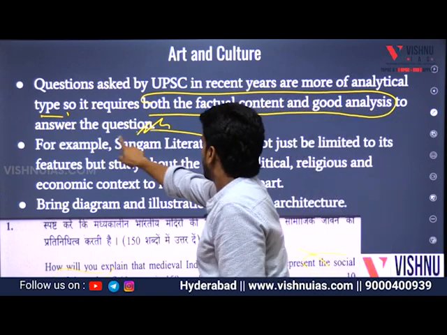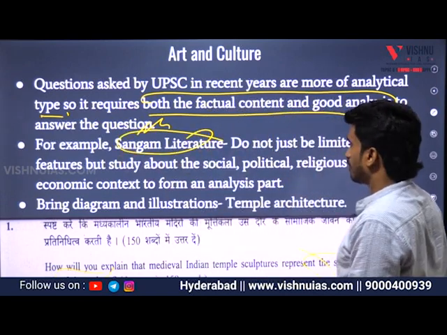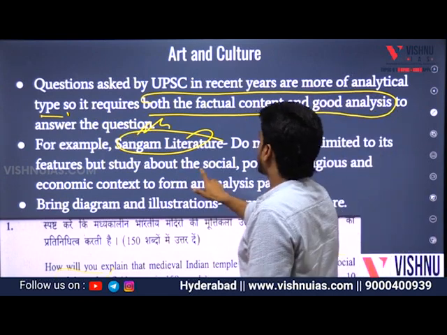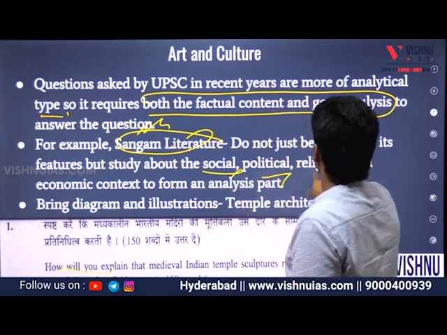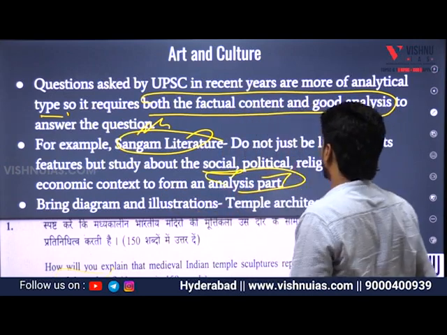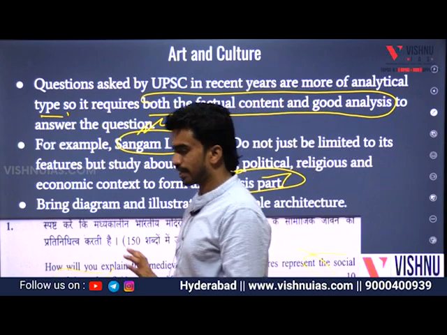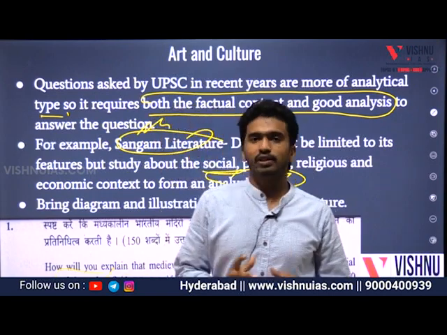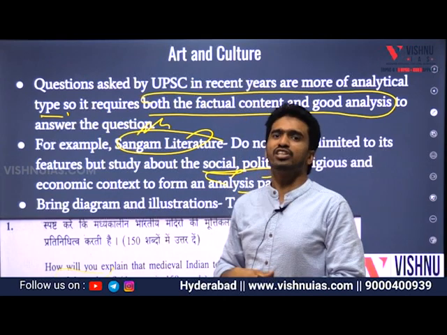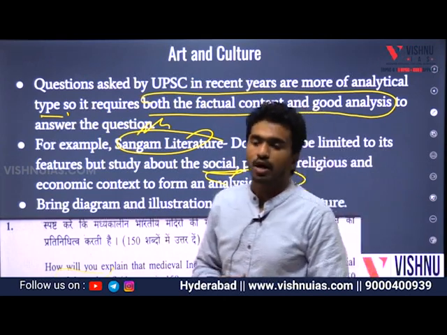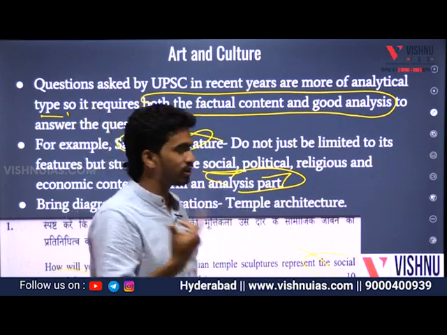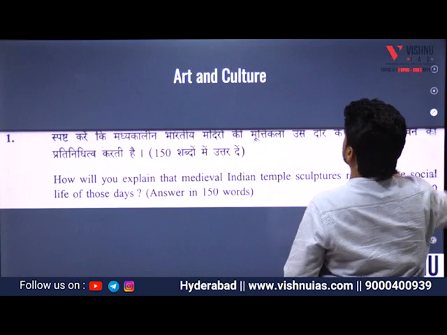When you are studying Sangam literature, you have to study the social, political, religious and economic context to form the analysis part. And if questions are asked about the Dravida or Nagara style of temple architecture, try to draw some features of that particular type of architecture. For example, viharas, that wall-like thing. Try to draw it. So this is very interesting.